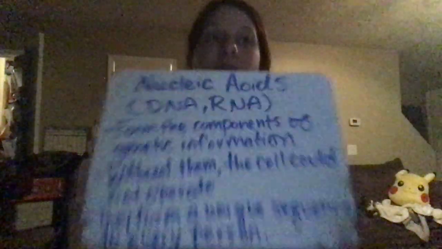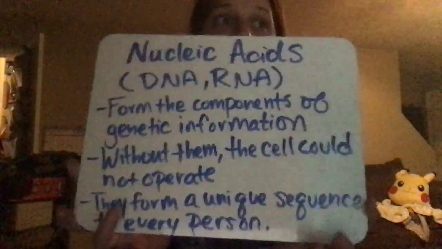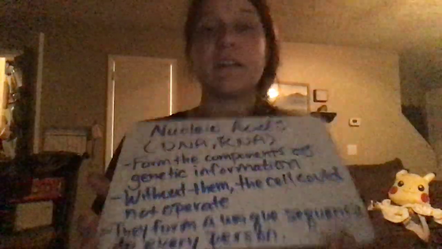Nucleic acids are the last but not least. DNA and RNA, they form the components of genetic information. So if you've ever seen a strand of DNA, let me just draw one real quick. You're seeing a strand of DNA.